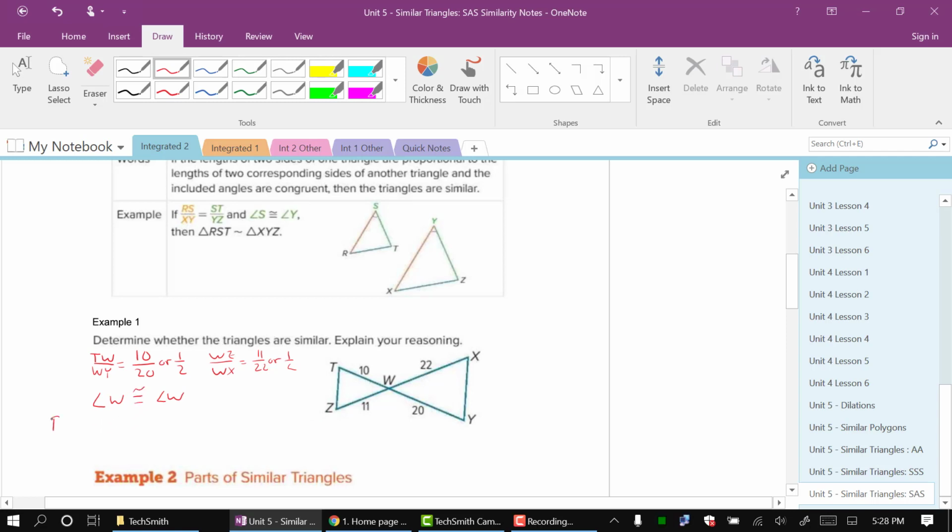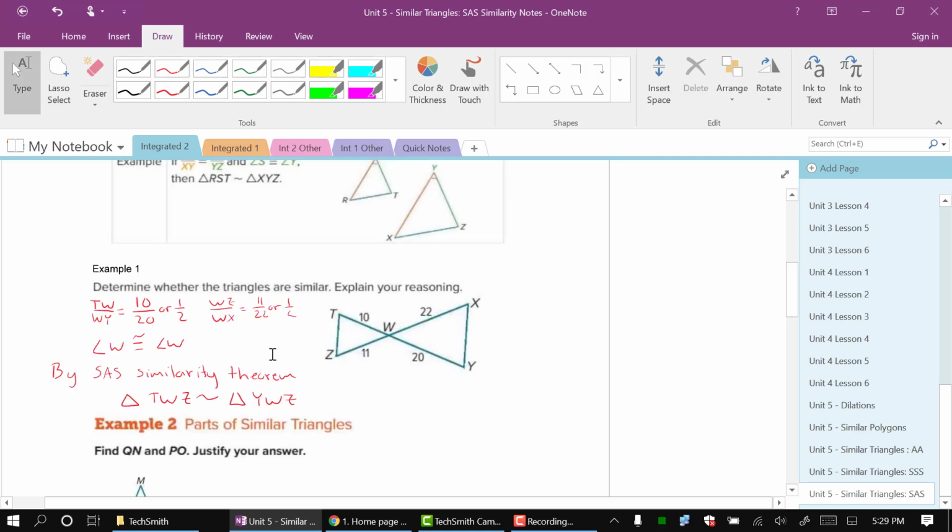So by the side angle side similarity theorem, triangle TWZ is similar to triangle YWZ. So that is our reasoning. By the theorem, they are similar, and we're showing it with this work right here.